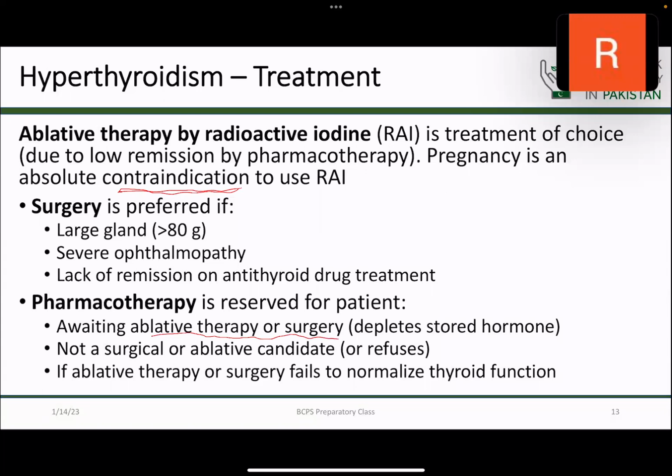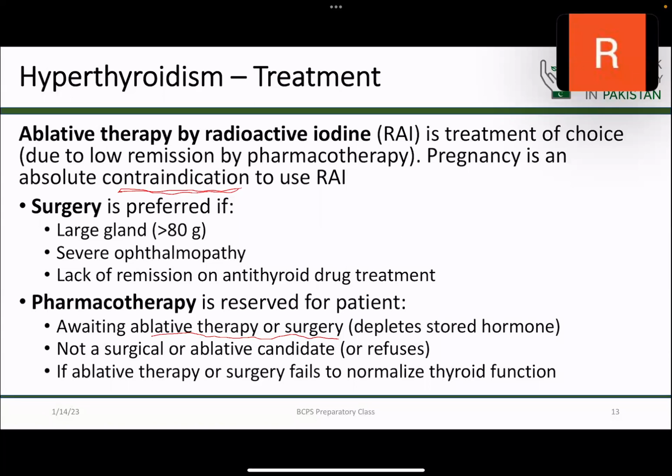Another reservation for pharmacotherapy is for patients who are not a surgical or ablative candidate or who refuse. Sometimes patients don't want to undergo surgery or they don't want to undergo ablative therapy. Such patients can be managed by pharmacotherapy.